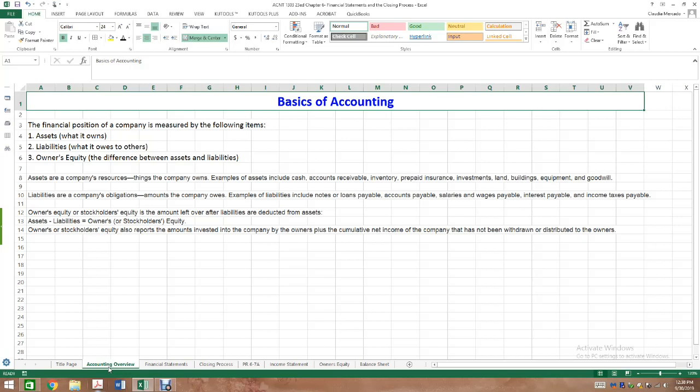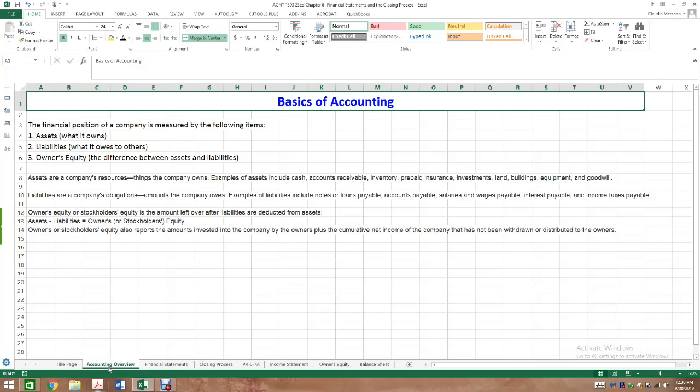Now, liabilities are obligations. These are the things that you owe. These are your debt. Some examples of liabilities include notes or loans payable, accounts payable, salaries and wages payable, interest payable, and income tax payable. Anything that the company has the responsibility to pay for is a liability.